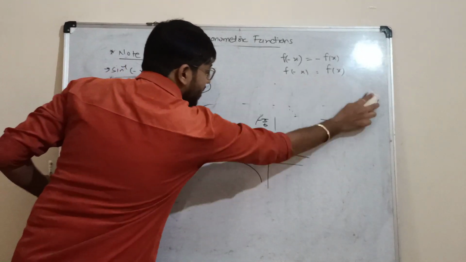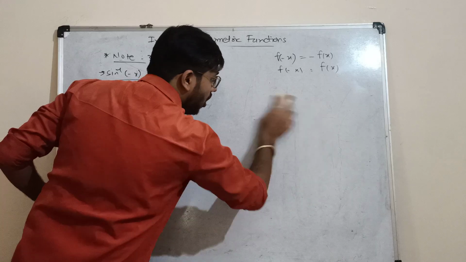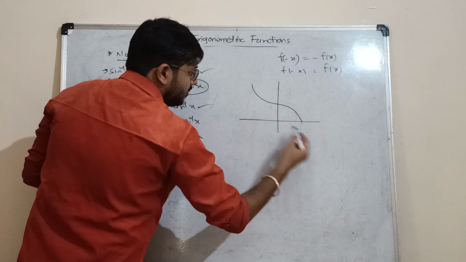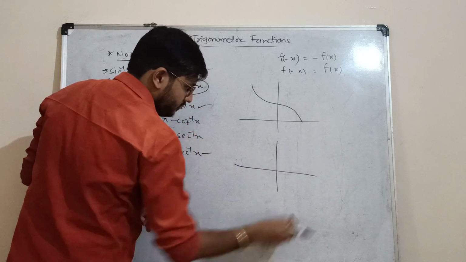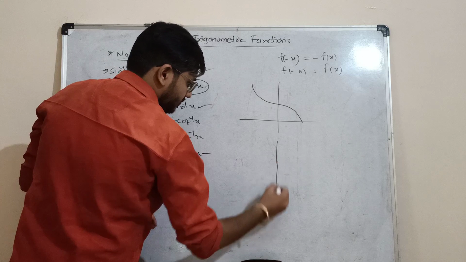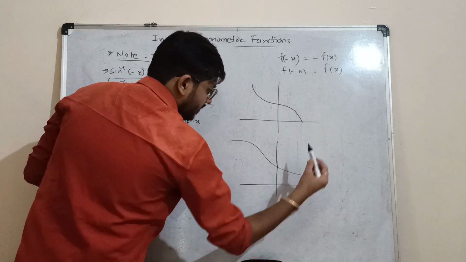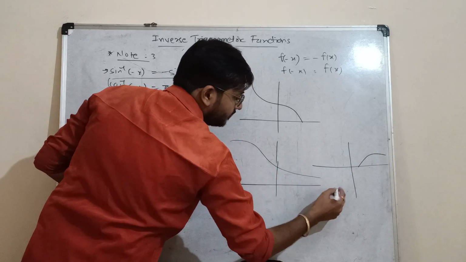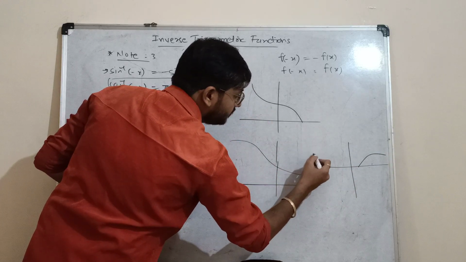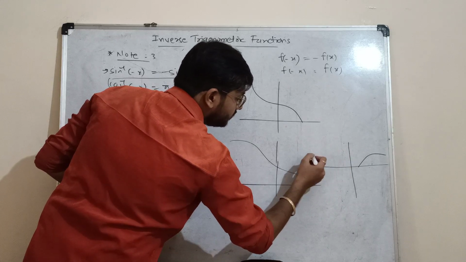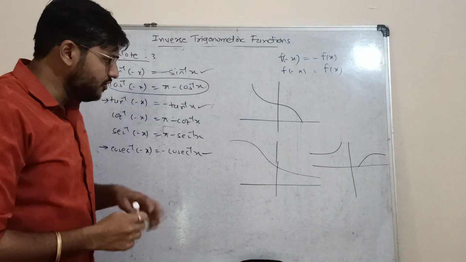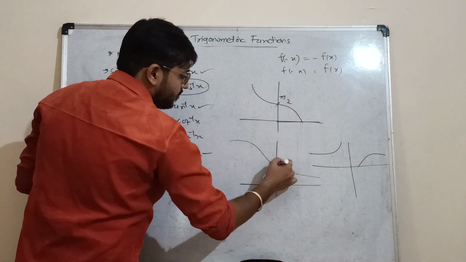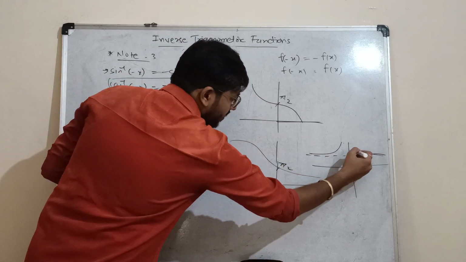Whereas if we talk about the graphs of the remaining three functions, that is cos, right? Then cot, and then sec. Like this. So what do you observe? For the positive values, here there is the point pi by 2, here there is the point pi by 2, and here the dotted line of pi by 2.